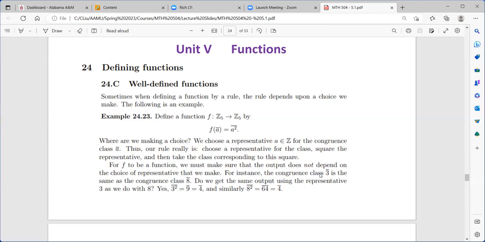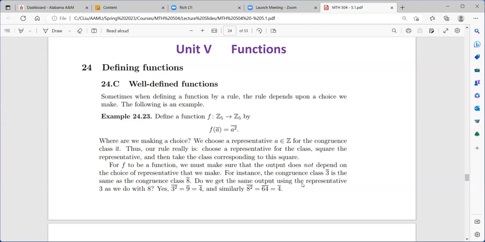Okay. So this congruence class is the same as the congruence class of 8, of course. 3 and 8 divided by 5 give the same remainder 3. So they are in the same class. All right. Modulo 5. Okay.